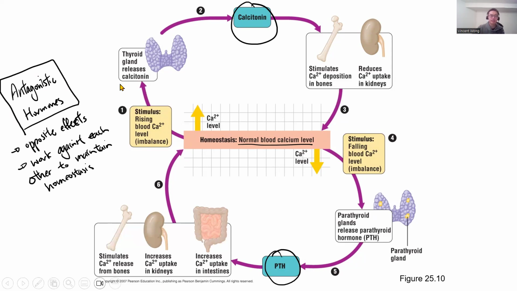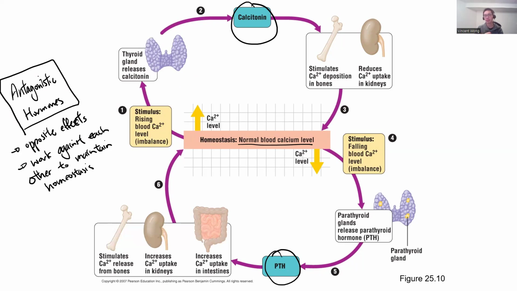So let's say your blood calcium level went up for whatever reason. Okay, maybe you are taking calcium supplements. So we don't want the calcium to stay in the blood. We want to absorb it. Right? So that high calcium level is going to trigger the thyroid gland to release calcitonin. Thyroid is right here. Okay, don't confuse the thyroid with the thymus.